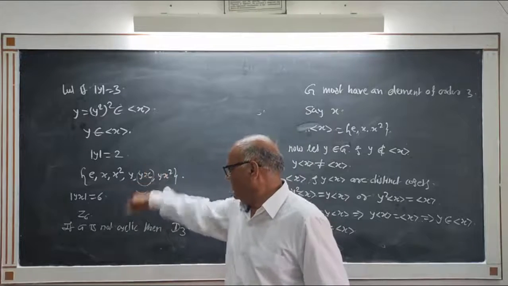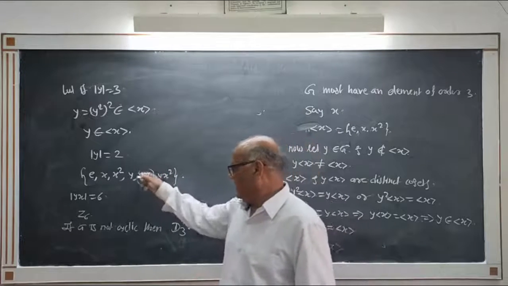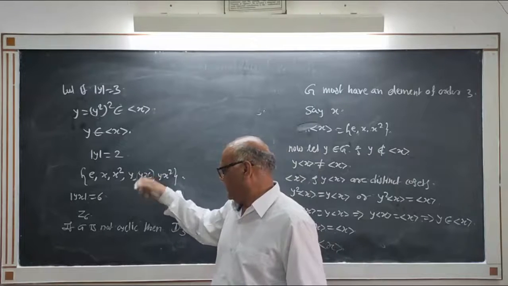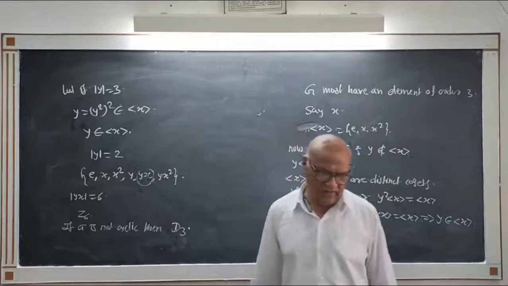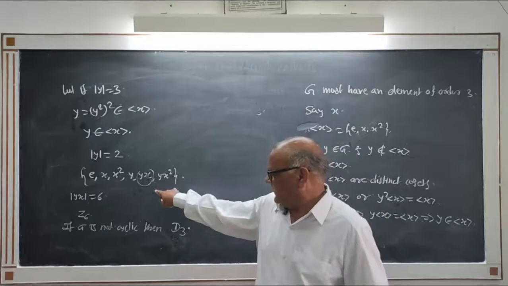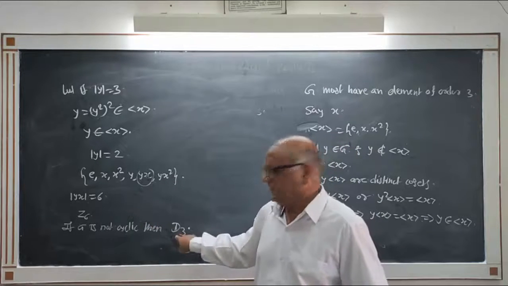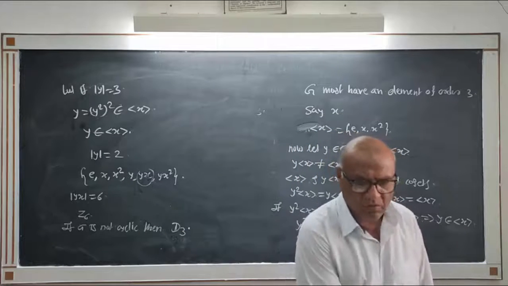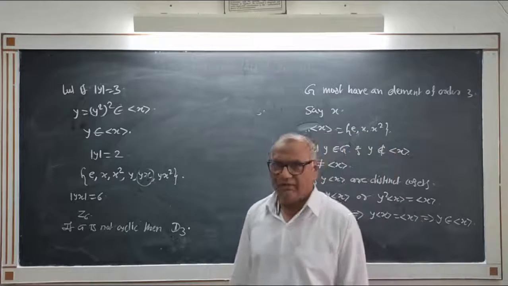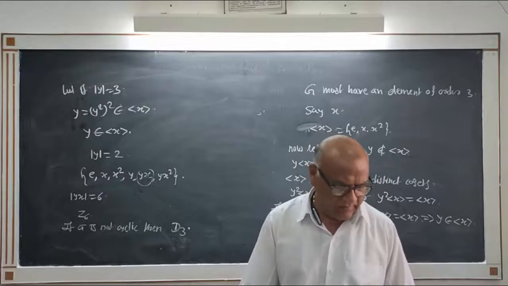Here the order is 6, but there is no element of order 6 in D3. So if cyclic, it is isomorphic to Z6; if non-cyclic, then it is isomorphic to D3. Okay, we stop here. Thank you.